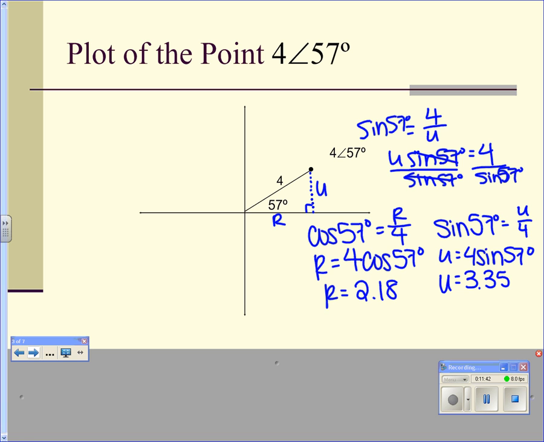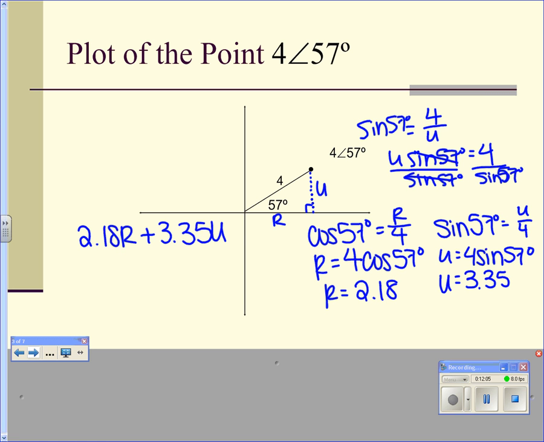Okay, so the way that we actually write our answer, 2.18r, is that a positive or a negative u? Plus 3.35 u. Does that make sense? That's what it means.